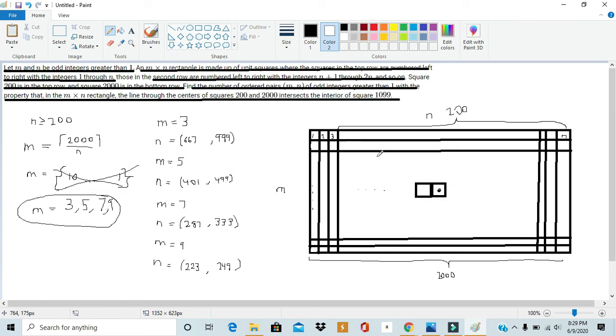But whether this line that goes through 1100 also goes through 1099 depends on the slope. We see that if the slope is 1 or -1, this does not happen. But for nearly all other cases, it will happen.